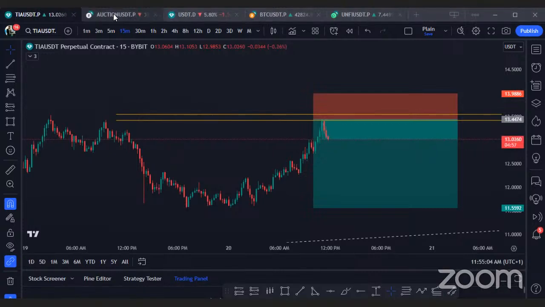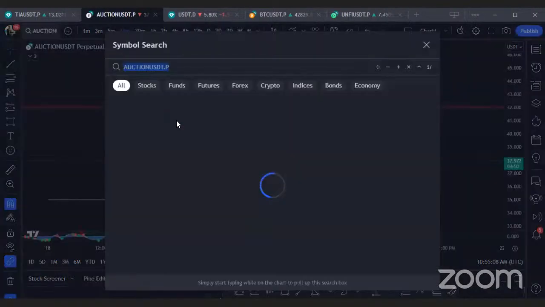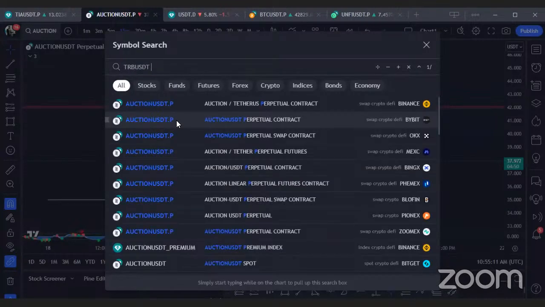So let me see. TRB, in case we have a dip, TRB USDT.